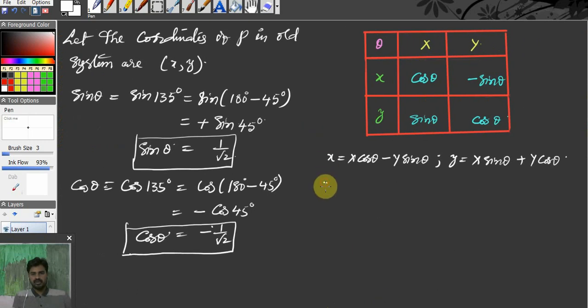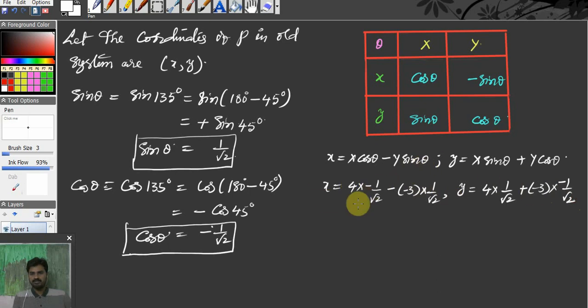So x is equal to 4 into cos theta, which we already found as 1 by root 2, minus of minus 3 into sin theta, which is also 1 by root 2. Now y is equal to 4 into 1 by root 2 plus minus 3 into the cos theta answer, minus 1 by root 2. Carefully substitute here.